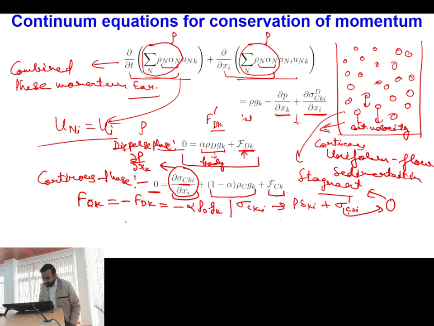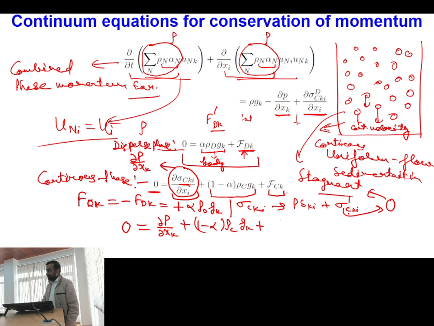Now I can write 0 equal to del P by del x_k plus 1 minus alpha rho C g_k plus F_CK. F_CK is nothing but minus of F_DK. Sorry, not minus, it will be positive, because F_DK is minus alpha rho D g.